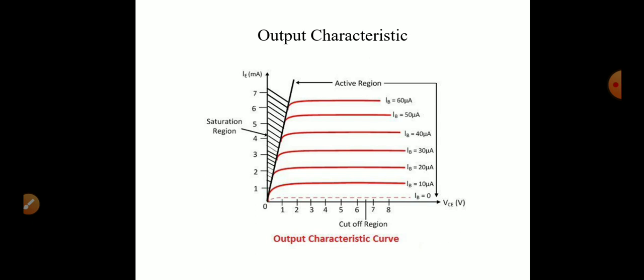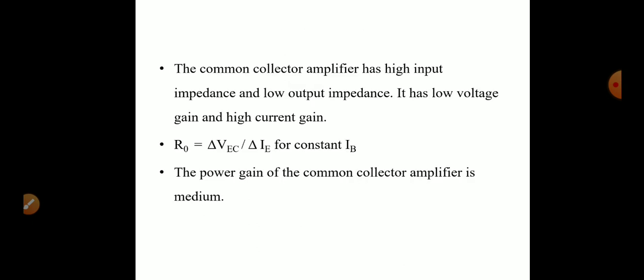In saturation region, when we increase the voltage, the output current increases rapidly, but in active region it's almost constant, and in cutoff region output current is almost zero, but a small amount of current flows, which we call leakage current. The common collector amplifier has high input impedance and low output impedance.